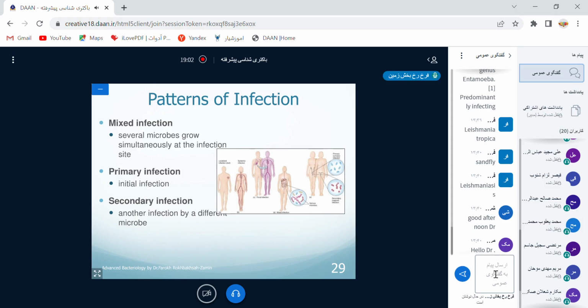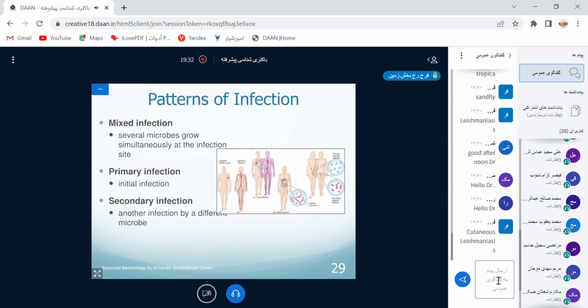Because of this, we call it cutaneous leishmaniasis, meaning leishmaniasis related to the skin. It has different names like Lahore sore, Aleppo sore, Baghdad sore, and so on.